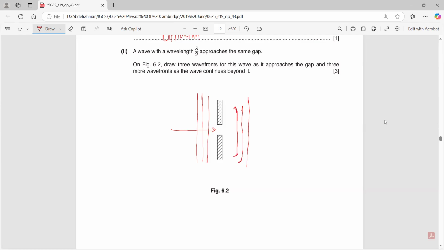Again, you're drawing these waves using a ruler, with equal distances, which are half the original wavelength. That's all you need to draw.